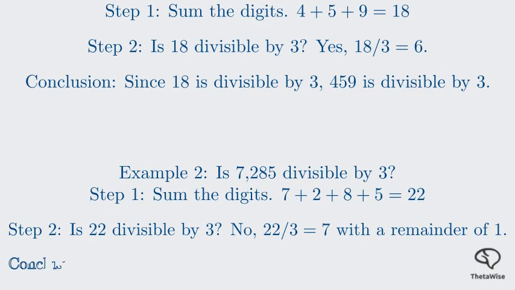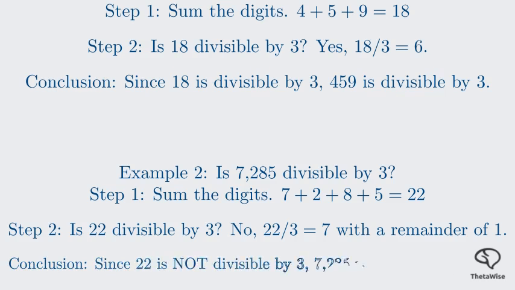Because the sum of the digits, 22, is not divisible by 3, the original number, 7,285, is also not divisible by 3. If you were to do the long division, you'd find a remainder. So to recap, the divisibility test for 3 is to add the digits of a number. If that sum is a multiple of 3, the original number is too.